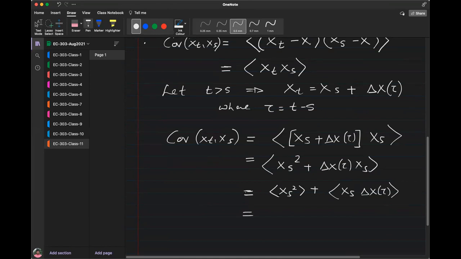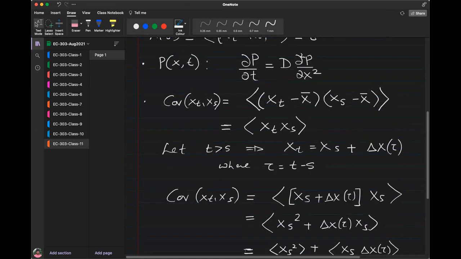Now, what is the first term? Since we have assumed that x0 is 0, xs square is nothing but the mean square displacement for time unit s. Therefore, this quantity is nothing but s. Is everyone happy with this?